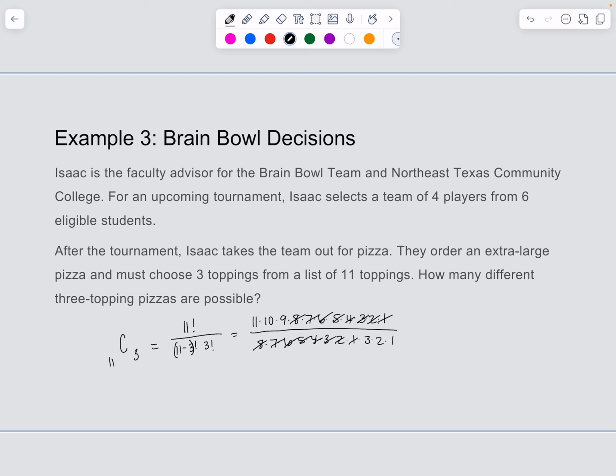And then I guess if we wanted to, we could say 9 divided by 3 is 3, and 10 divided by 2 is 5. So we have 11 times 5 times 3. That would give us 165 different pizzas.